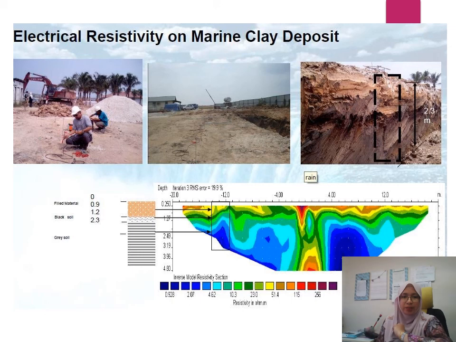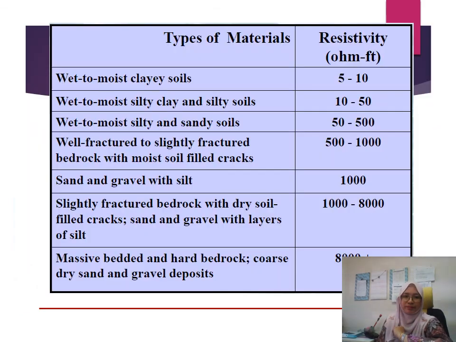This is the picture of electrical resistivity on a marine clay deposit. The same color in the diagram represents the same type of soil, giving the same amount of resistivity. From here we can group the resistivity of the soil together and check the soil profile.